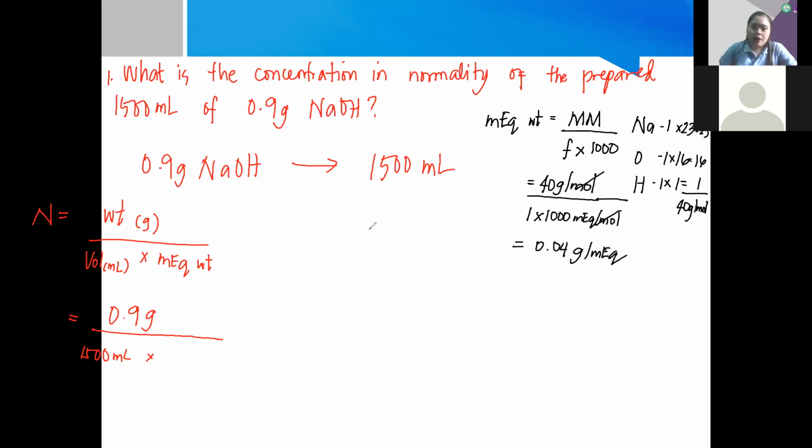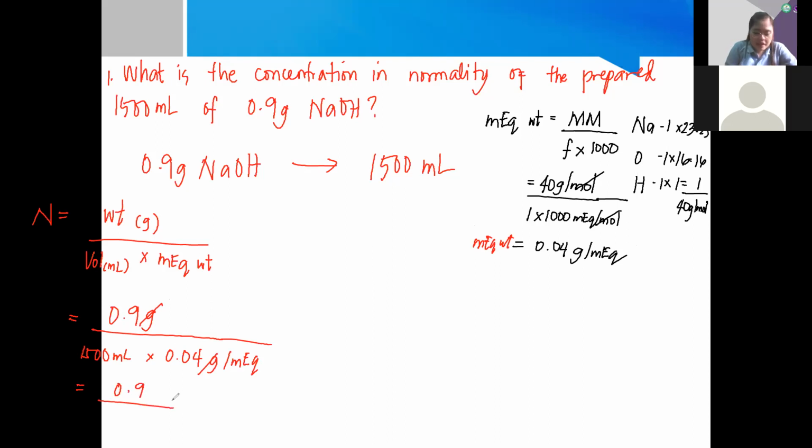So we have now the MEQ weight. Ilagay natin siya dito, 0.04 grams per MEQ.